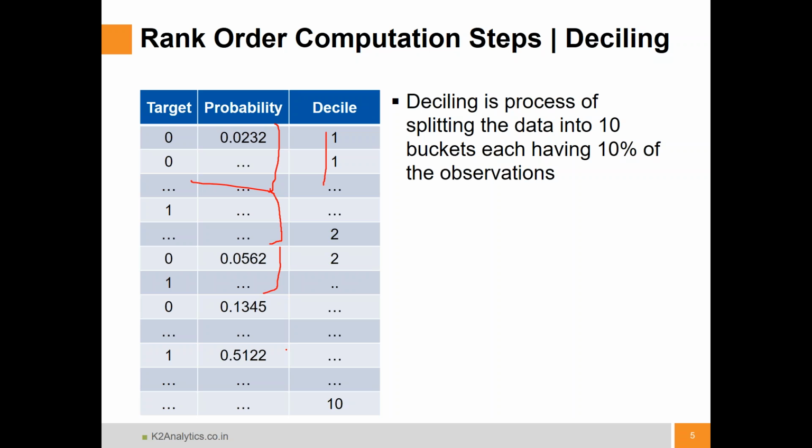Industry standard, whenever people build a model, they finally see rank ordering based upon deciles. Some people come and say, sir, can we create 20 buckets with each bucket having 5% of the population? Go ahead, do it. Someone will come and say, sir, can I create 100 buckets?